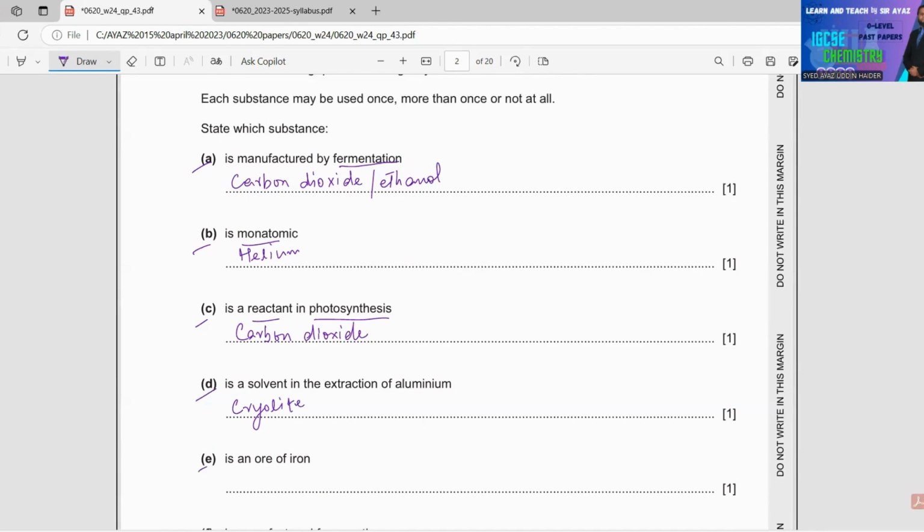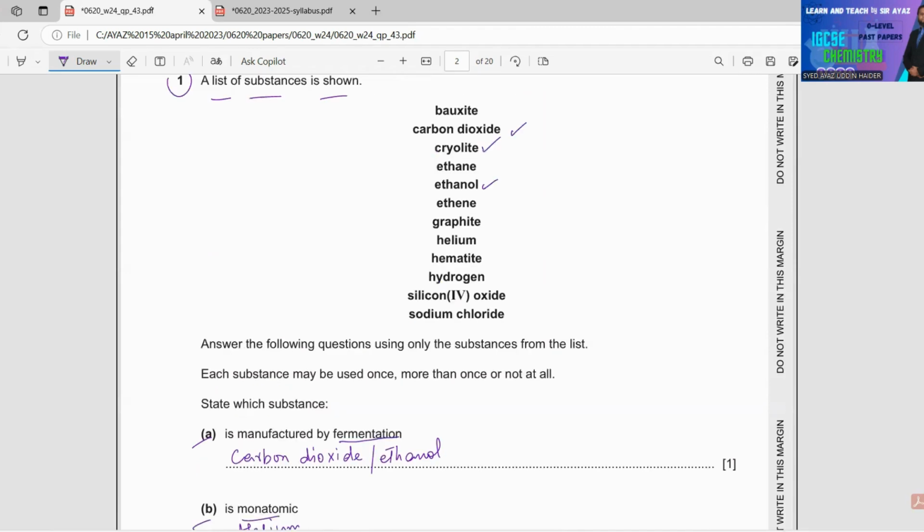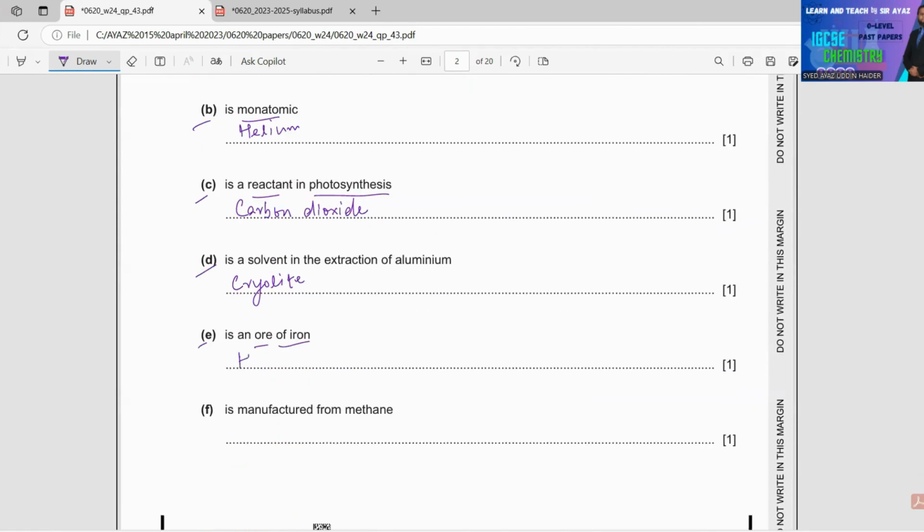E is an ore of iron. This is something which you have to learn if you look at the list. This is hematite. This is the ore of iron. So I'm going to write hematite. F is manufactured from methane.